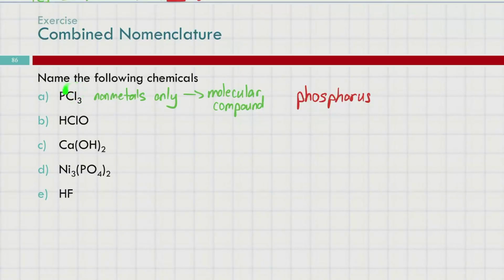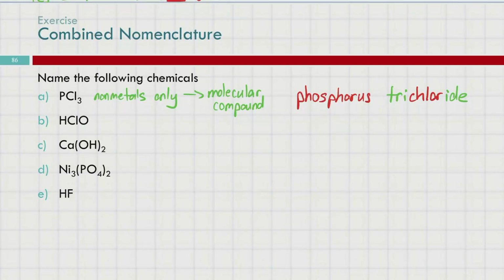Then we look at our other thing, we've got chlorine, and we have 3 of them. Our prefix for 3 is tri, T-R-I, and then we put the base name, chlor, and change the ending to IDE. So this is phosphorus trichloride.